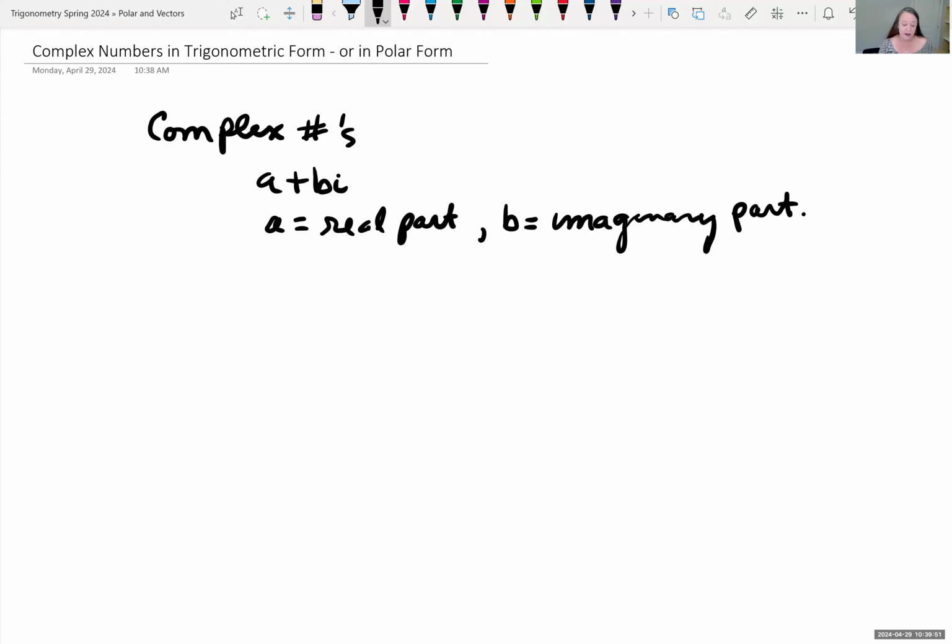When you're graphing complex numbers, the y-axis is your imaginary axis and the x-axis is the real axis.